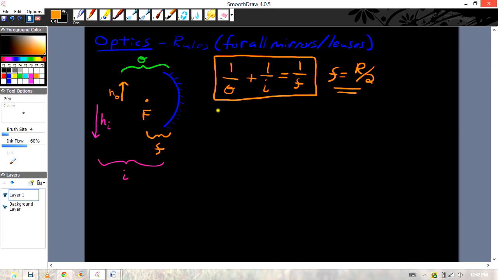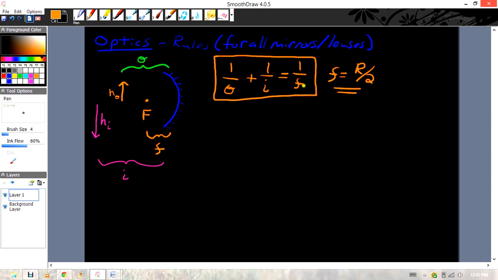Beautiful. This is everything you need to know, except one little thing which throws a wrench in all this and makes it a little more complicated than it needs to be, which is, are these numbers positive or are they negative?